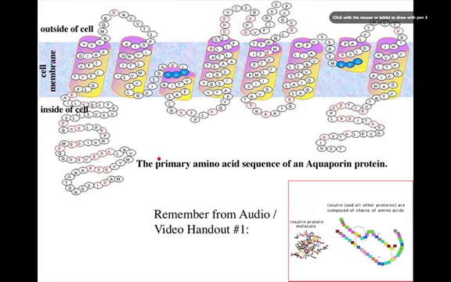It turns out that all proteins are chains of amino acids called the primary amino acid sequence. Remember from the first mini lecture recording or audio-video handout, the insulin protein is a long chain of amino acids of 20 different amino acids, and that's what these are here.